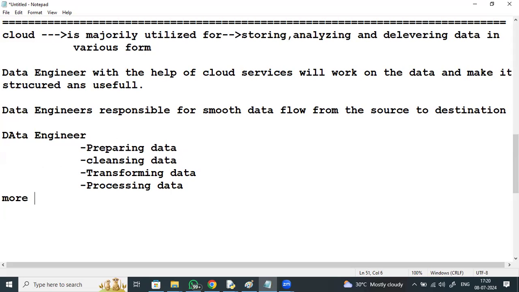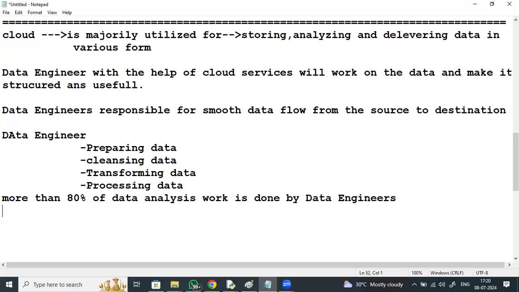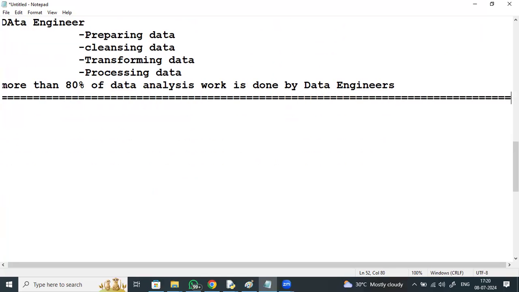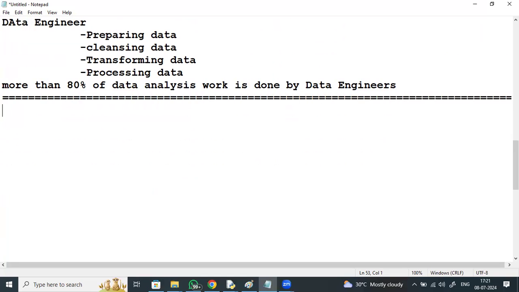See, more than 80% of the data analysis work is done by data engineers. Generally, people ask about data engineer, data scientist, and data analyst.